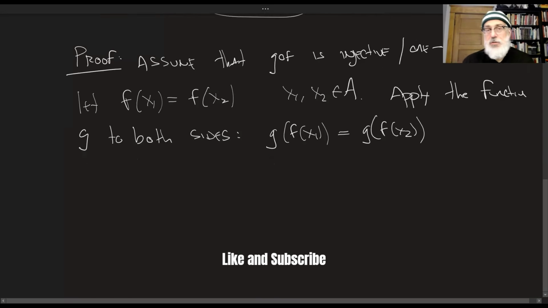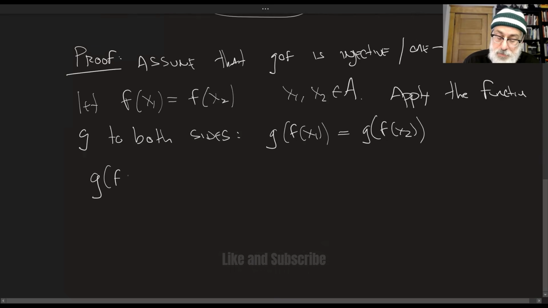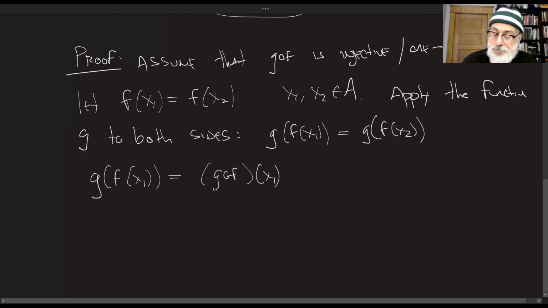Now let's look at just the notation here, and I'll write both. You don't need to include this in your proof necessarily. This should be fairly straightforward to whoever's reading it, but G of F of x1 is the same as saying G of F of x1. And then G of F of x2, you guessed it, will be G of F of x2.